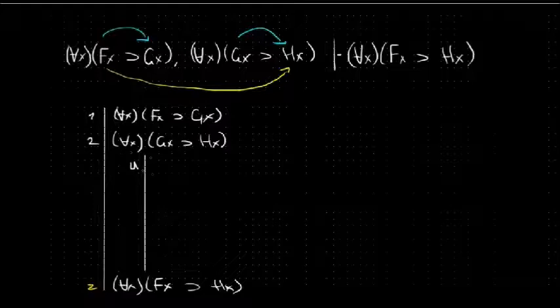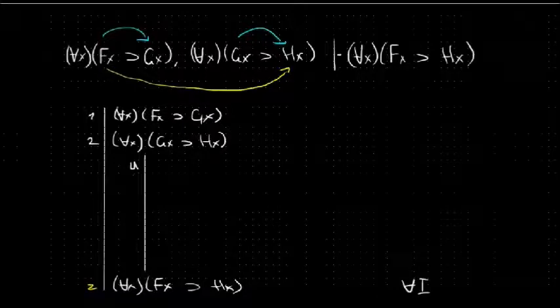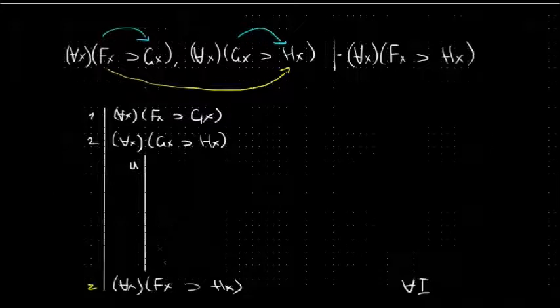So we'll start off with our parameter u, and again, thinking from the bottom up, if I'm doing a universal introduction here, the first thing I can draw is my scope bar, and then the first line of proof is the one before this. So in this case, it's going to be fu, then hu.